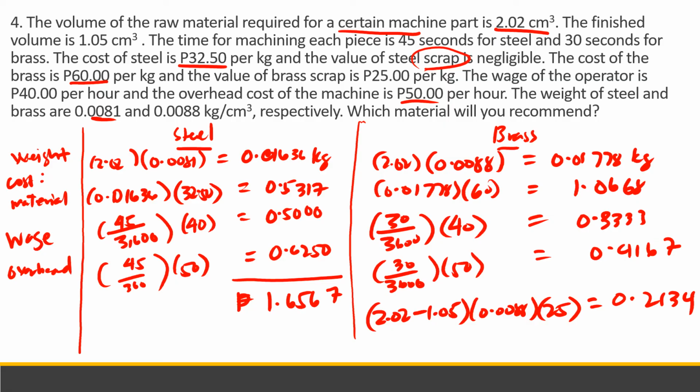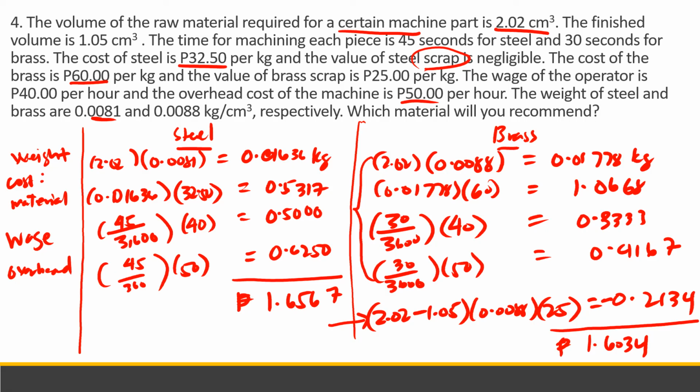So these three are cost spent, but for the salvage or for the scrap, this is an income. So ima-minus natin yung scrap. So the total cost for each material using brass as its raw material will be equal to 1.6034 pesos.